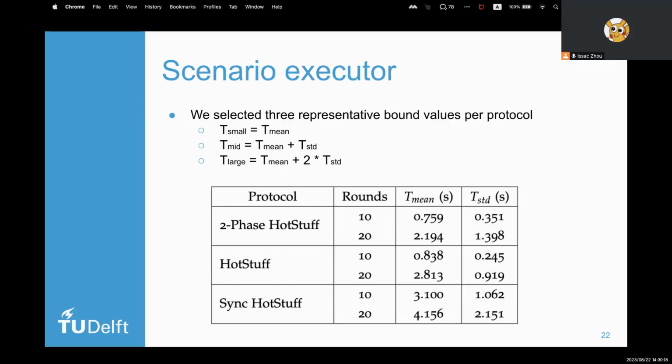If a protocol does not commit any blocks or send any response in time, it will be associated with a liveness violation. We believe that the small bound, mid bound and large bound have already covered most of the cases due to the Gaussian distribution.